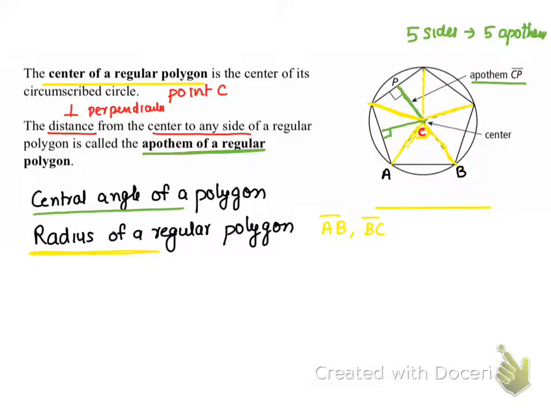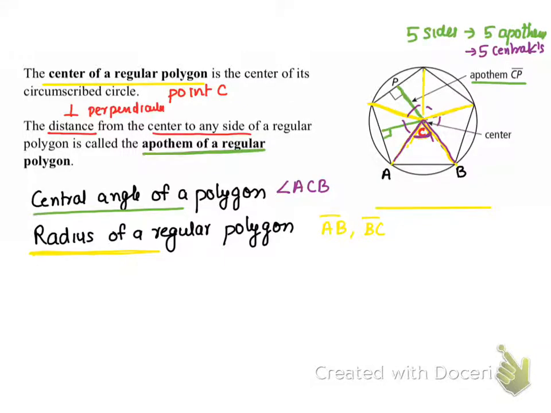Then if you know the radii, the angle formed between the radii is called the central angle. So if I'm talking about that, angle ACB is a central angle. Same way, if there are 5 apothems, there are going to be 5 central angles.